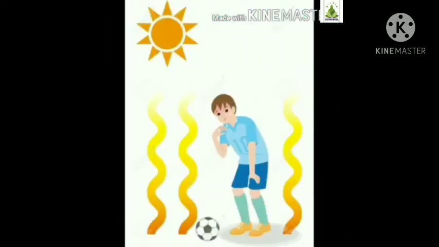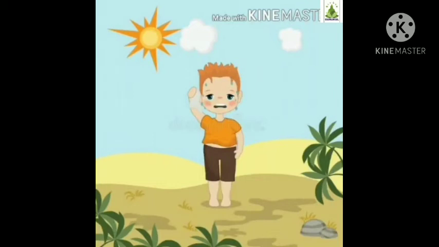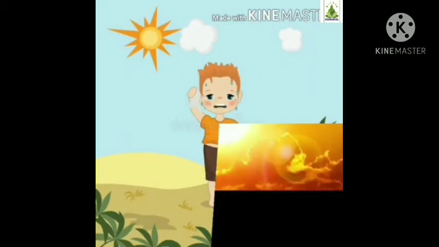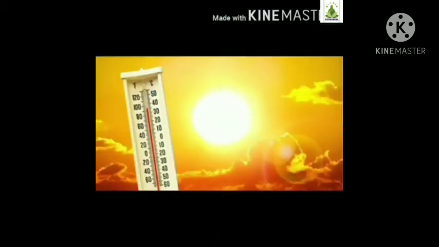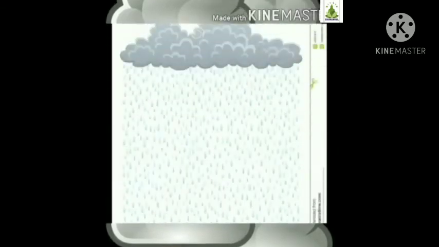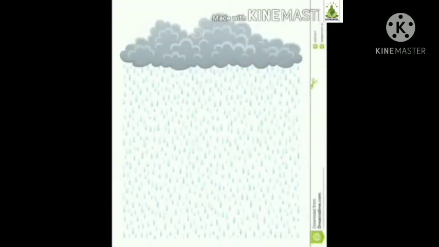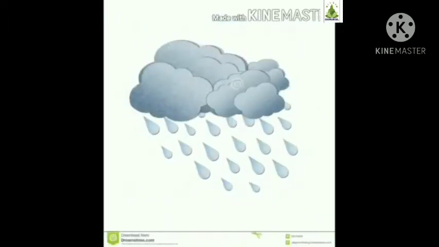During the summer season, we feel very hot as the sun shines brightly and the temperature is high. Then suddenly there are clouds in the sky and it starts raining. Normally, when it's raining, we see only raindrops.